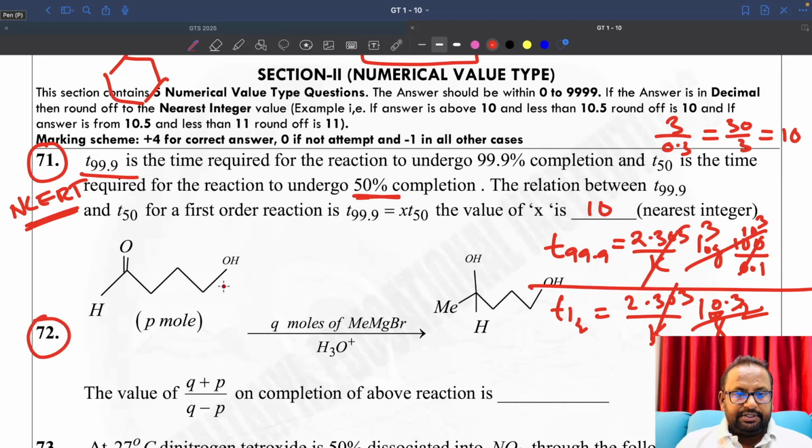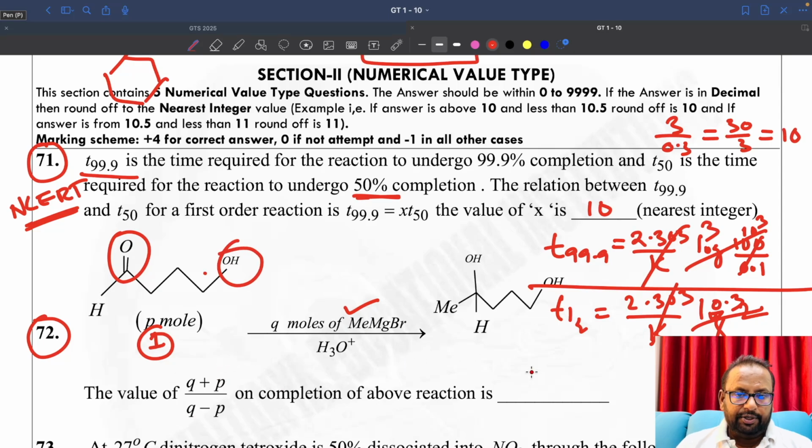A compound is given which has an aldehyde group and an alcohol group, and it is treated with Q moles of MeMgBr. So this compound is formed here. How many moles of it are being treated? Obviously 1 mole. It is taken in excess, so you have two groups here, two sides. 2 moles will react.